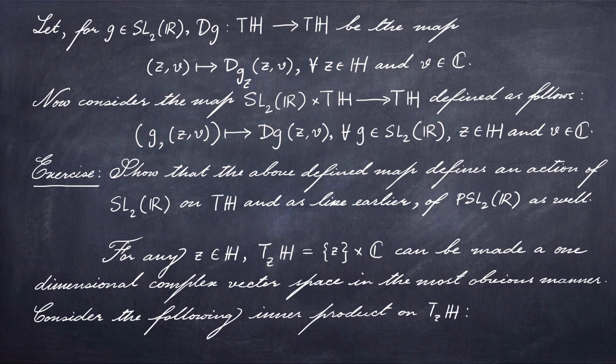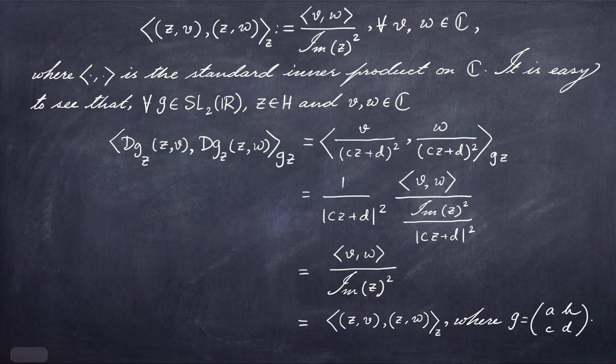Of course we can do that, but here instead we are doing something else. We are taking the most obvious choice of inner product on T_zH, but we scale it by this factor. The importance of this scaling you will see later on. Since this is just a scaling of the usual inner product, it's easy to see that this also defines an inner product on this vector space T_zH.